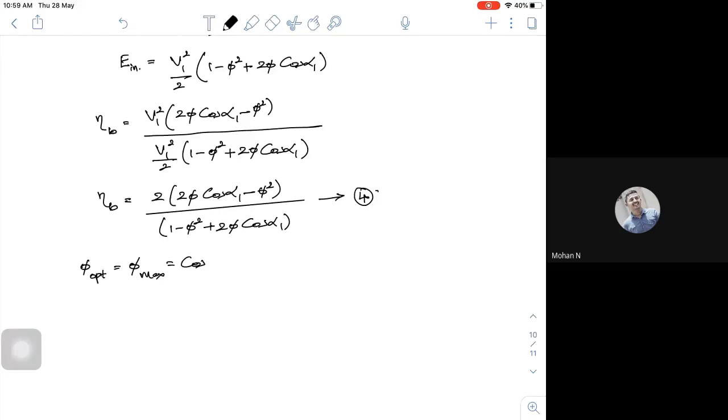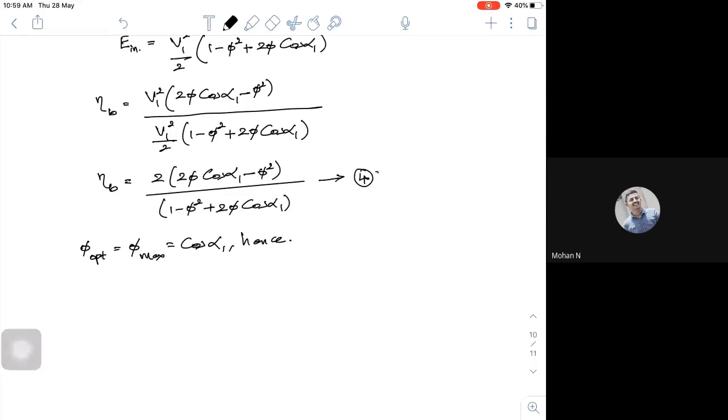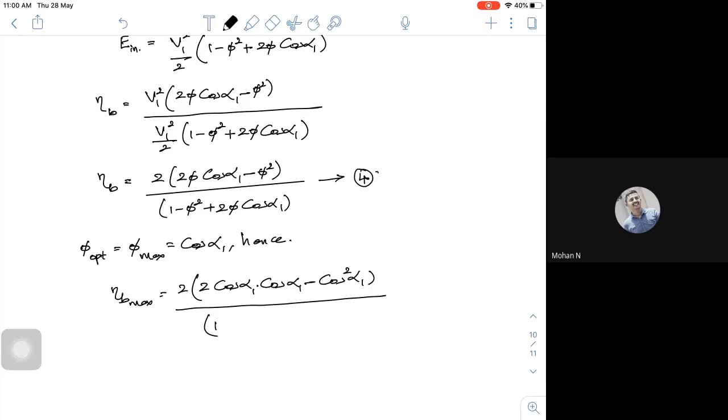So hence the maximum blade efficiency is equal to, substituting, 2 into 2 cos alpha 1 into cos alpha 1 minus cos square alpha 1 divided by 1 plus cos square alpha 1 plus 2 into cos alpha 1 into cos alpha 1.